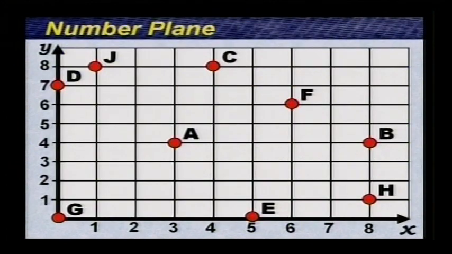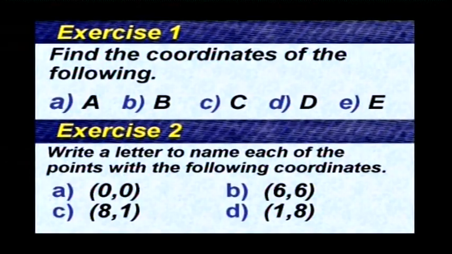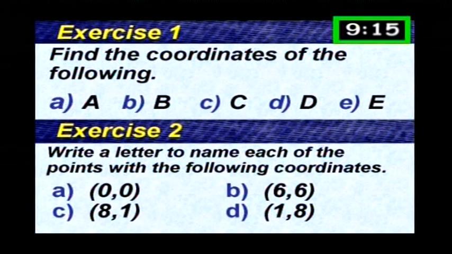There are 4 letters that have been left out. The coordinates are given, so I'd like the students to correctly write the letters to those coordinates. So you have A to D to copy before I flash back to the number plane.